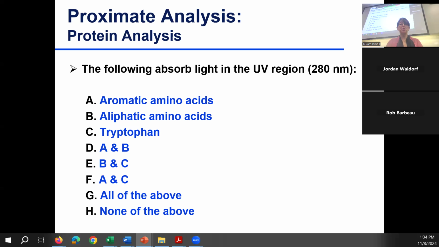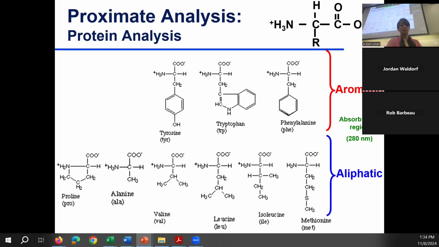We have only 3 amino acids that absorb light, UV light specifically. So they are tyrosine, tryptophan, phenylalanine. All other amino acids don't. Even proline, that looks like it's a cyclic amine, but it doesn't have the actual benzene ring that allows it to absorb light.